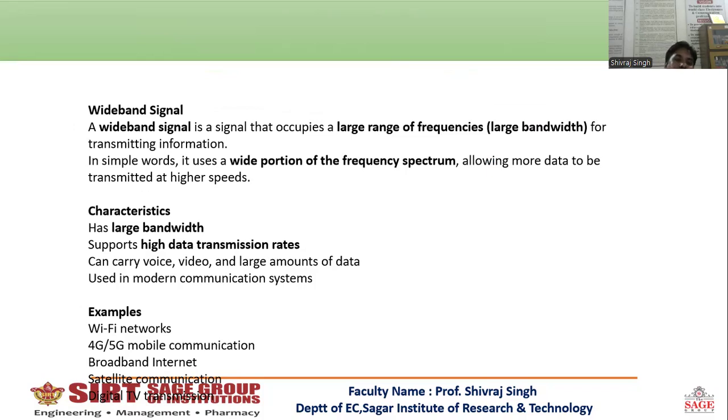It has characteristics like large bandwidth, high data transmission rate, and can carry voice, video, or large amounts of data used in modern communication. Examples of wideband signals are Wi-Fi network, 4G, 5G mobile communication, broadband, satellite communication.